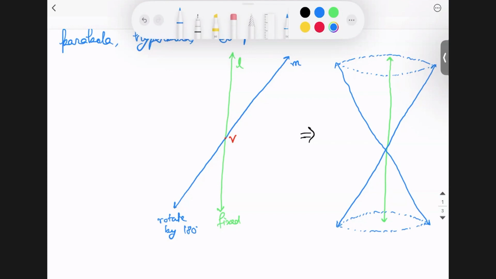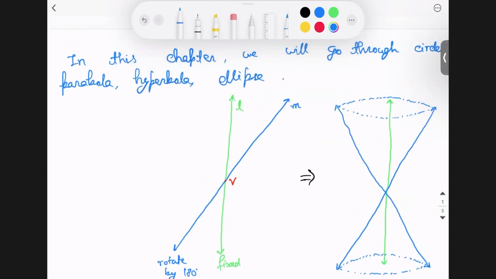After the complete rotation, whatever geometrical object we get, we call this a cone.